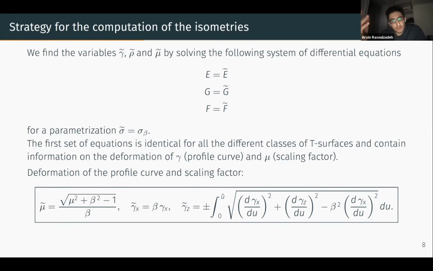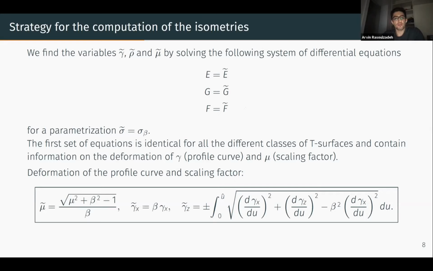So our strategy for solving this system of differential equations would be as follows. The part E equal to E tilde is a differential equation that contains information on the deformation of the scaling factor and our profile curve, and is identical for all the T surfaces.